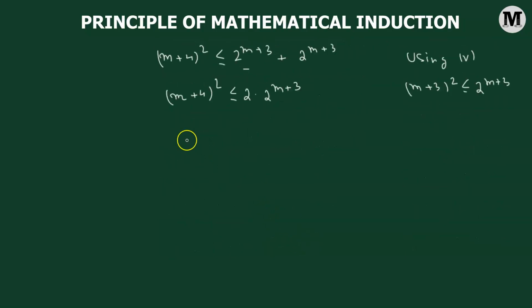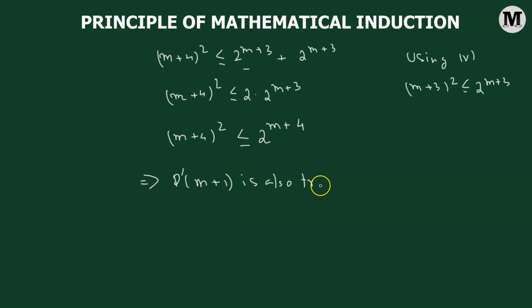So we now have (m plus 4) whole squared, this inequality is going to be less than or equal to 2 raised to the power of m plus 4. So we have successfully shown that p prime of m plus 1 is also true.